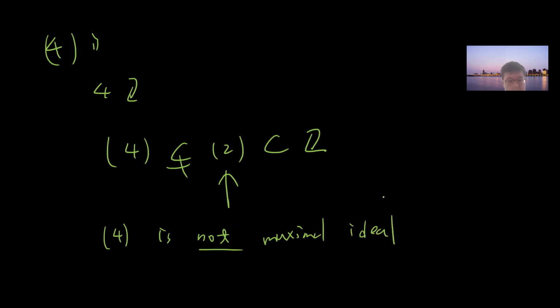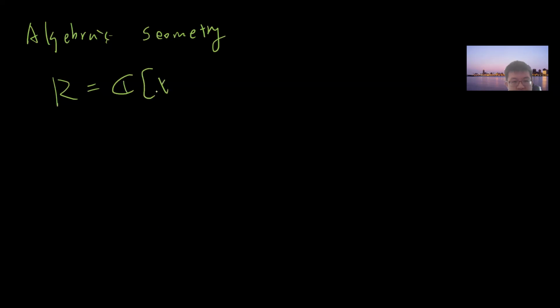Okay, and also let's talk about an algebraic geometry example, which is also not very interesting. So let's see, we take our ring to be C[x], right? So C is the complex field, and this is the polynomial ring. And then you can ask what are the maximal ideals of this ring? So for example, (x) is a maximal ideal.